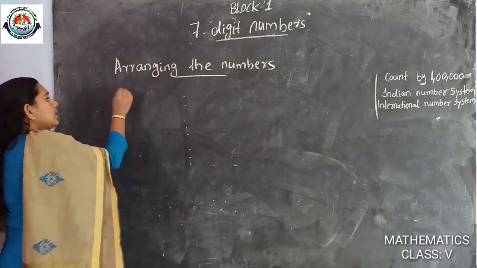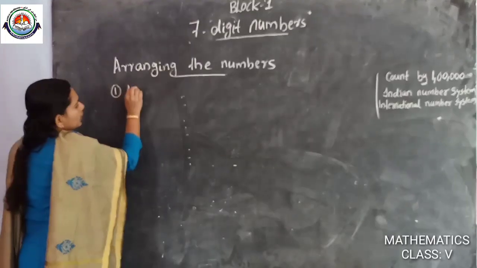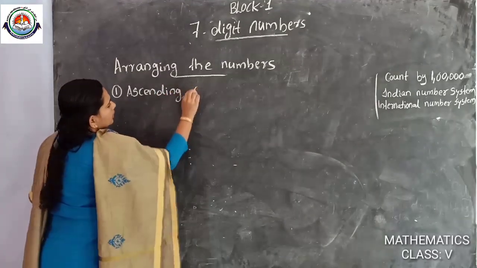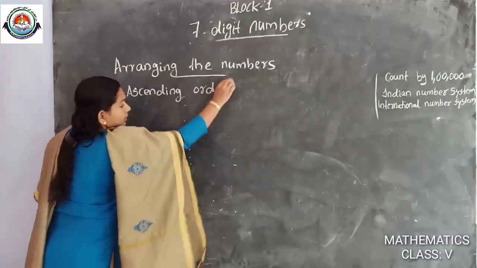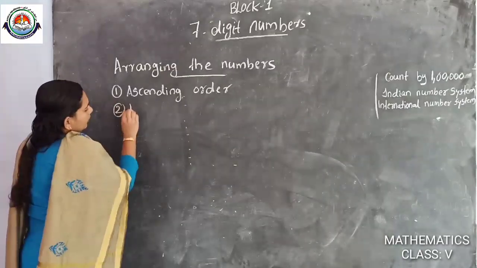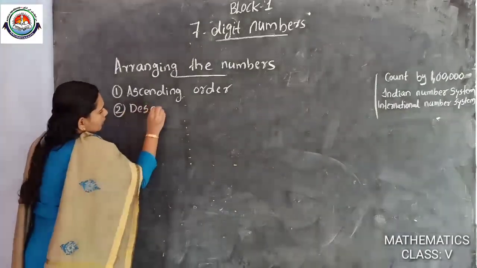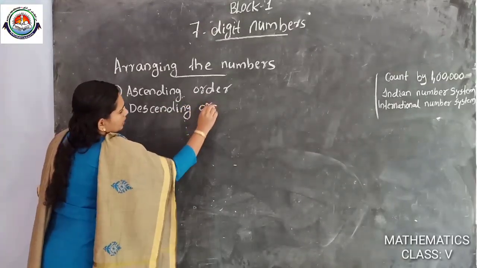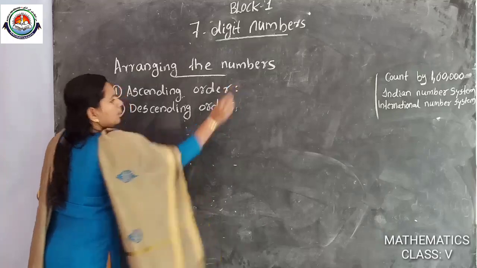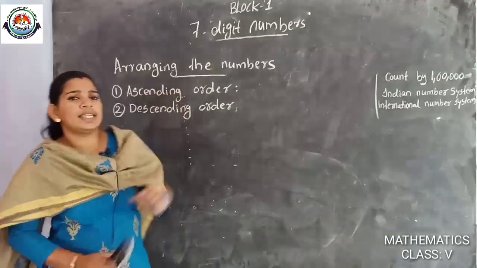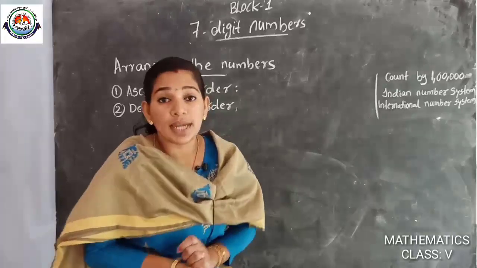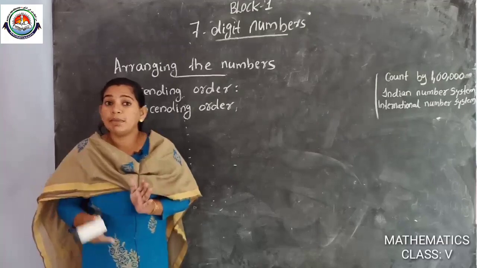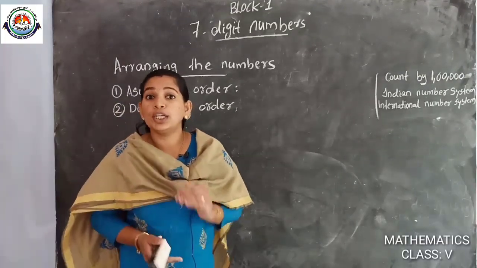The first method is ascending order. Second, descending. Okay, what do you mean by ascending order? How do we arrange the numbers in ascending order? In ascending order, the numbers are arranged from smaller to bigger.